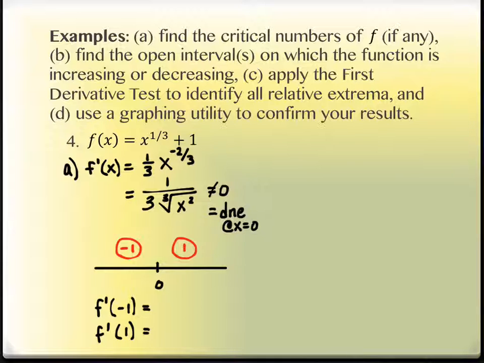Signs are what we're looking for, right? Do we get positives or negatives? Yeah, and both of them are positive, aren't they? Because we actually are squaring whatever that value is underneath the cube root, so the sign doesn't matter now. Okay, so these are both positive.